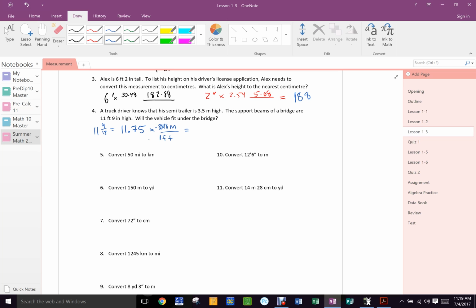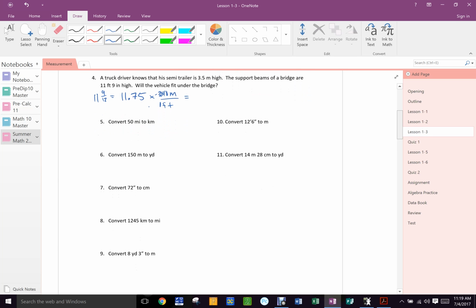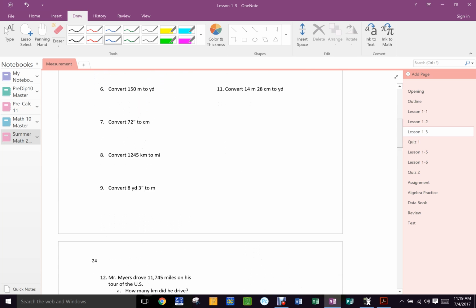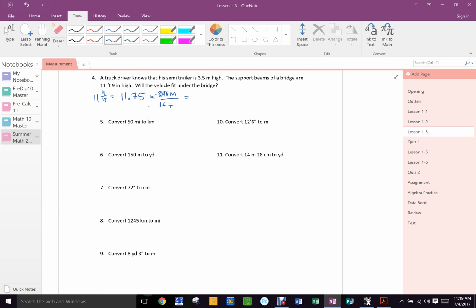Does dude make it under? Yes or no? Does he fit? That's 3.6 meters.